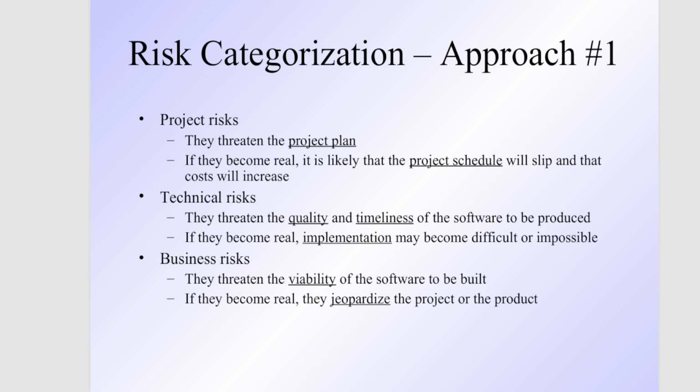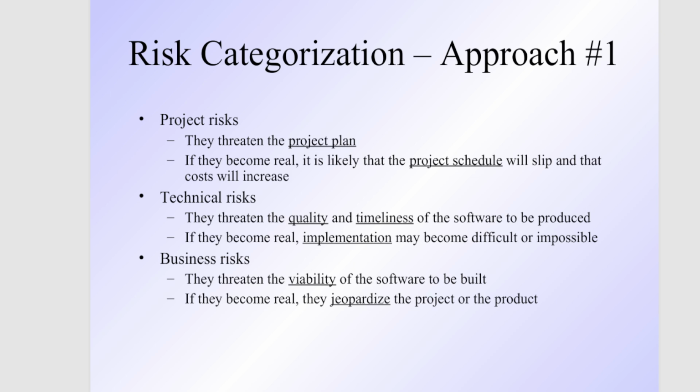Technical risks threaten the quality and timeliness of the software to be produced. If they become real, implementation may be difficult or even impossible. So technical risks are like a person who is assigned the job of coding a particular project, but doesn't know the language well, doesn't know the platform well, doesn't know the framework very well.